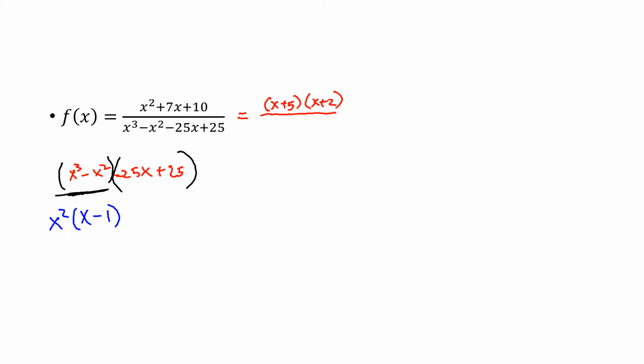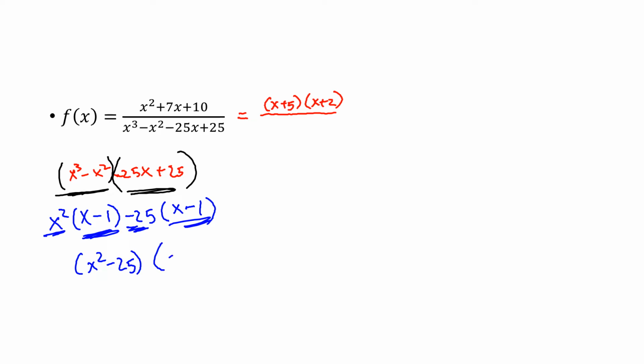Within the second group, we can factor out a negative 25, so that would be negative 25 times x minus 1. Our outside factor would be x squared minus 25, and our inside factor would be x minus 1.